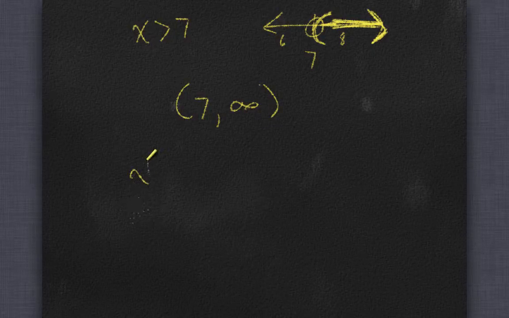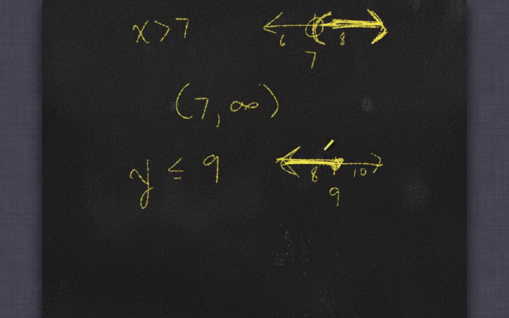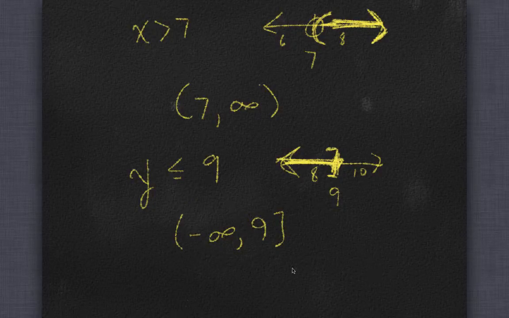If you have y less than or equal to 9, put 9. Test points. 8 is the one that's less than 9, so you go this way. So this time I've got a bracket. Negative infinity to 9. And I just go left to right as on the number line. 7 is to the left of infinity. Negative infinity is to the left of 9, like that.